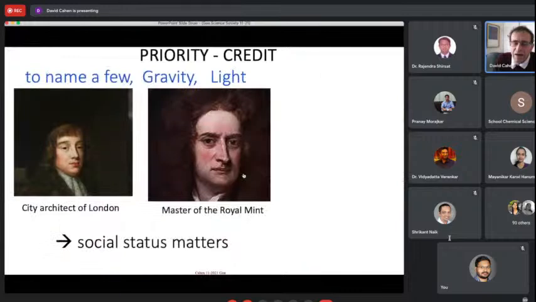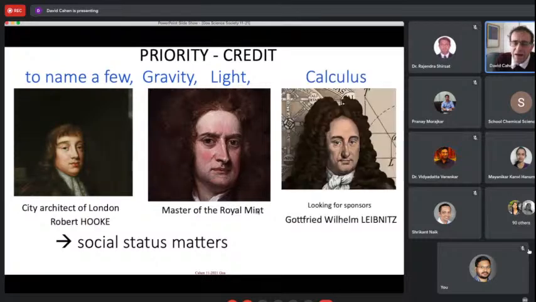But it goes back much further. Here are two gentlemen from the 17th and 18th century in England. One was the city architect of London, the other master of the Royal Mint. They came from very different social backgrounds. There's a third one, Germany. Talented, as were the other two.